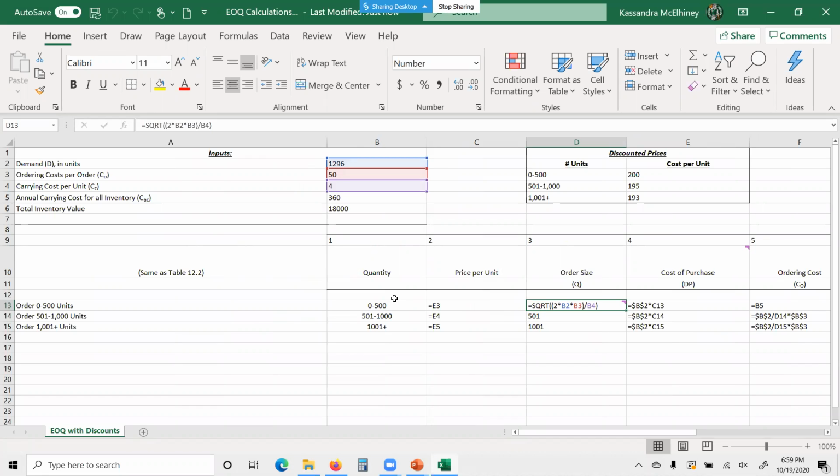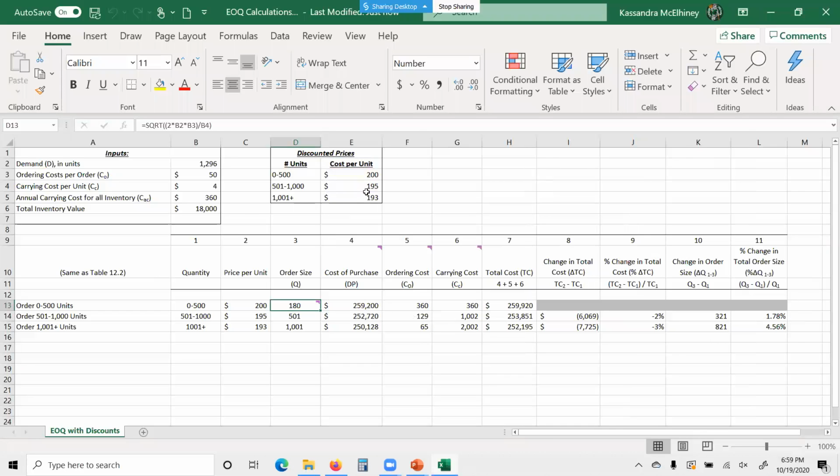It was the square root of 2 times the demand times the ordering cost, that entire quantity divided by the carrying cost per unit, square root of that entire argument. So that was coming up with our order size.